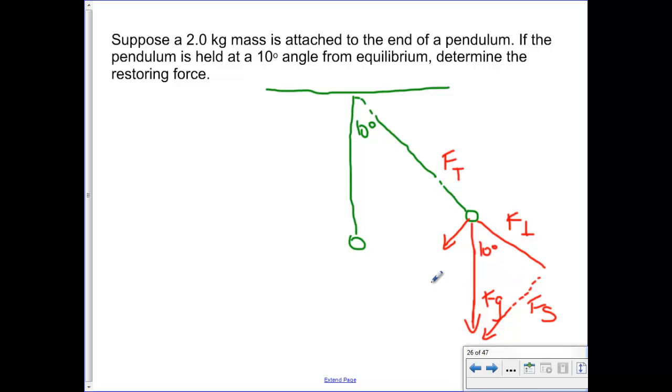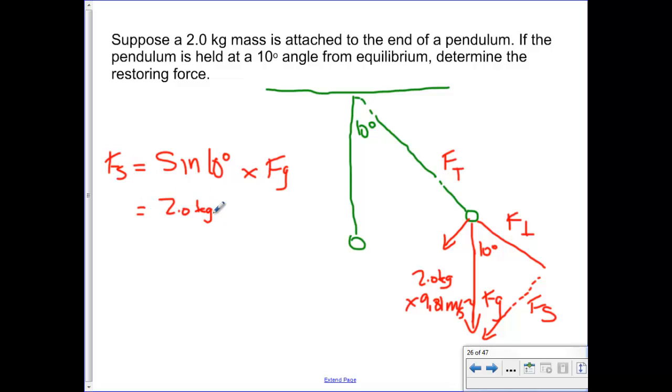So if this guy is 10 degrees, and this guy is 2 kilograms times 9.81, it's honestly the exact same as our last unit, only rather than FD, it's FS. That's all. So, sine, cosine, or tan? Sine. Yeah. So it's sine of 10. And then you've got to multiply by FG to get what FS is equal to.